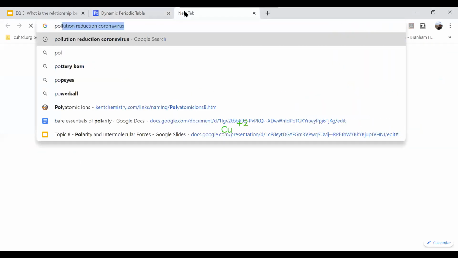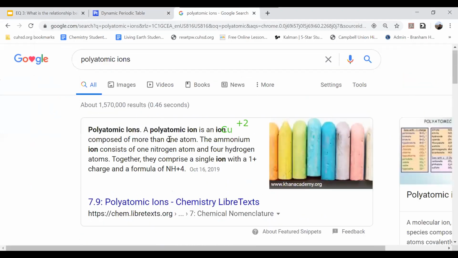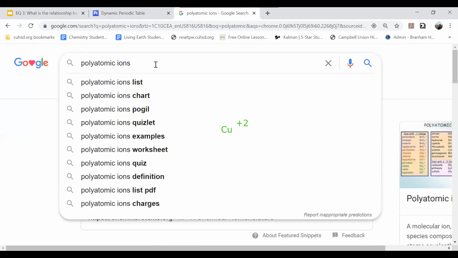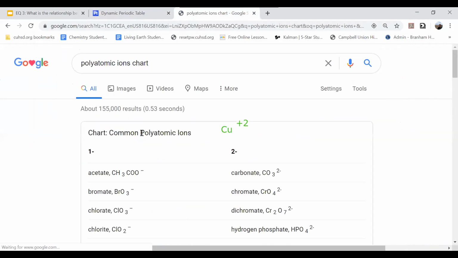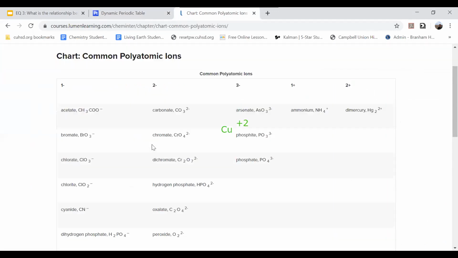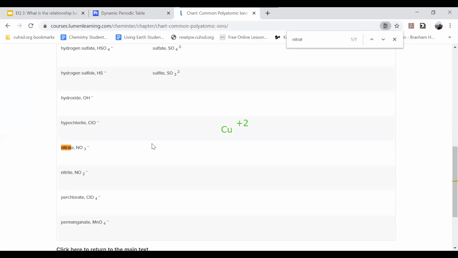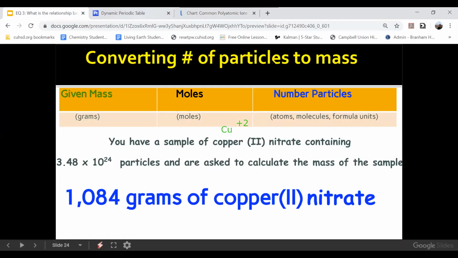So you can look up polyatomic ions, and usually I just do a chart or list, and the first one coming up should be pretty much similar. And then we can quickly search nitrate, which is NO3 -1. So let's copy this so we can paste it really easily when I'm doing these.